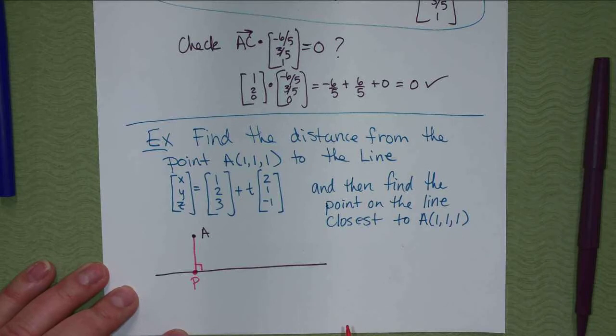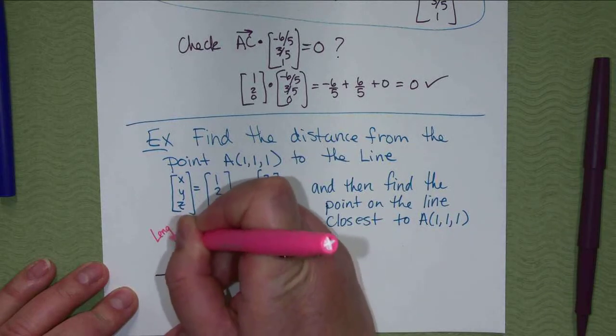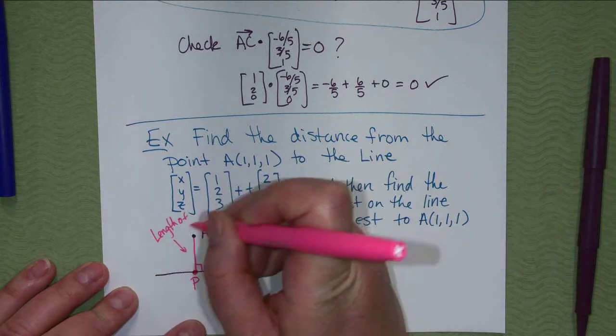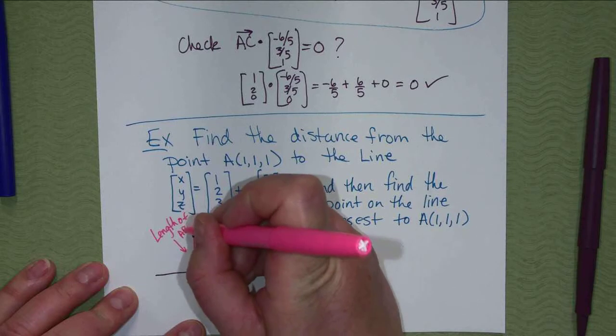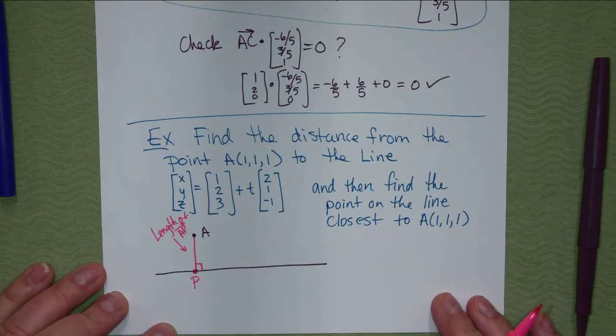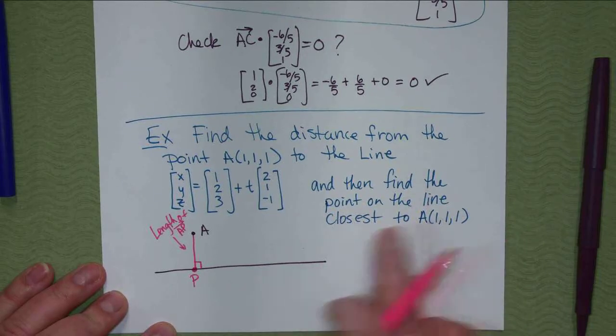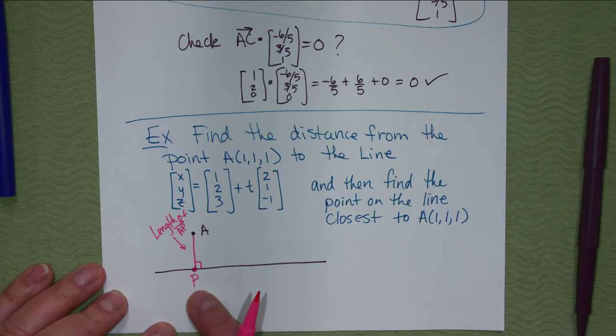So that's what we're looking for, the length of AP, or PA, whichever way we have it going when we draw it. Does that make sense? And then find the point, so then we're looking to find what the point actually is at P, what that closest point is.